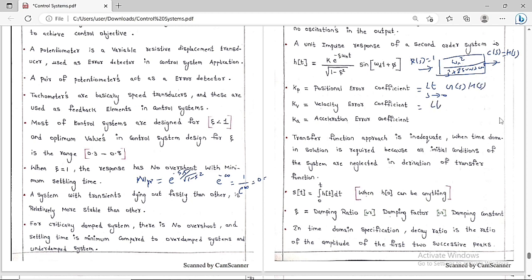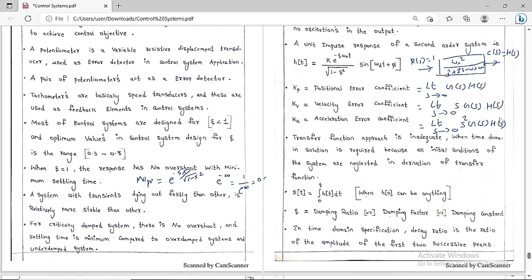Kv is the limit as s tends to 0 of s G(s)H(s). Ka is the limit as s tends to 0 of s² G(s)H(s). These things always you have to keep in mind.